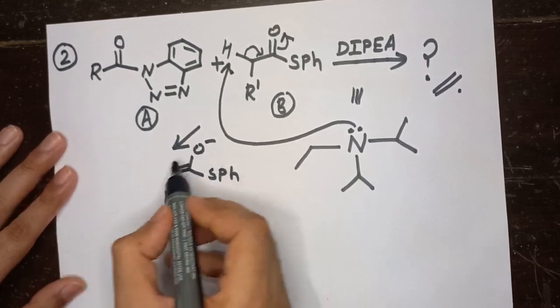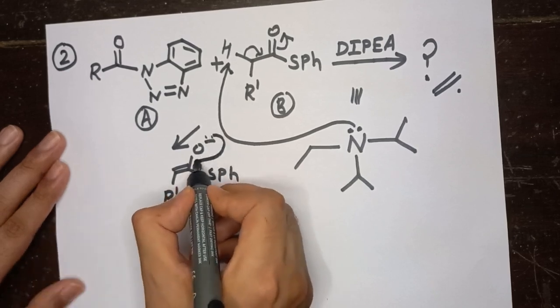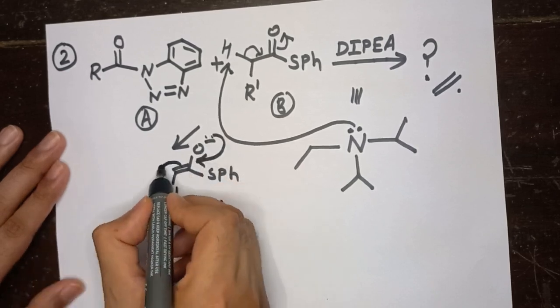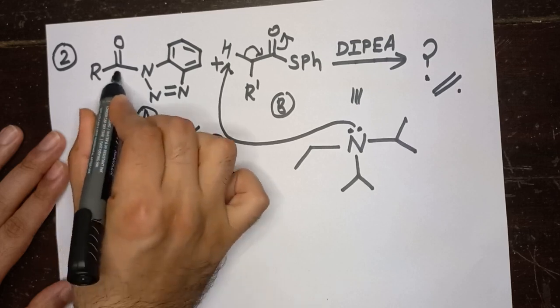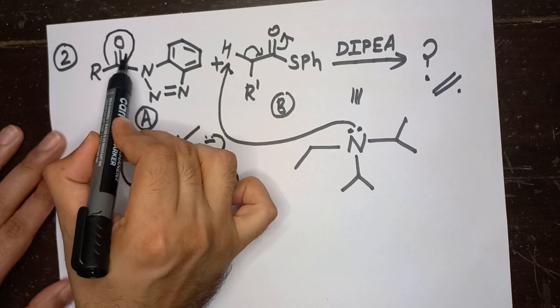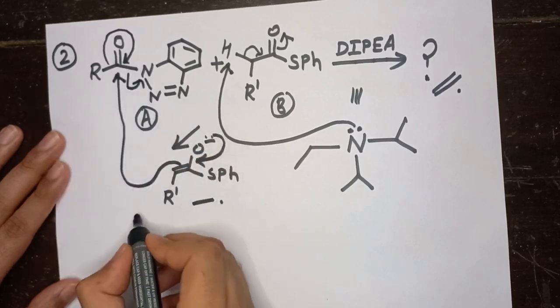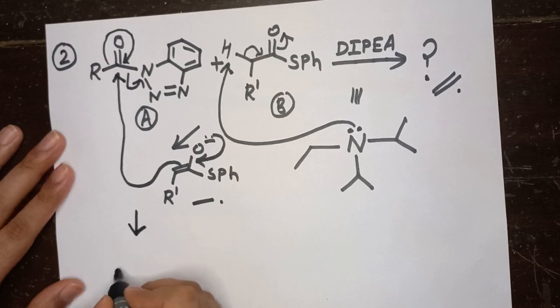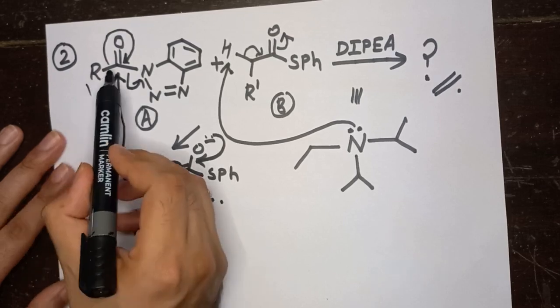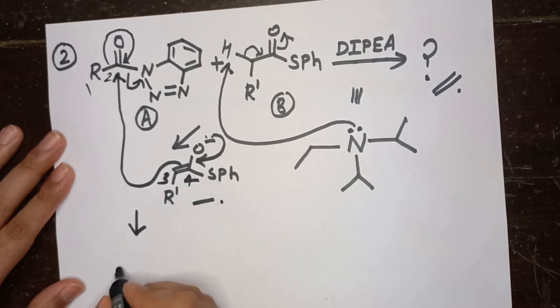Now the A molecule, so this oxygen will reform a double bond. This enolate carbon will attack this A molecule, and through conjugation this whole group is going to leave. So now we have generated the product. Let me number them, 1, 2, 3 and 4.